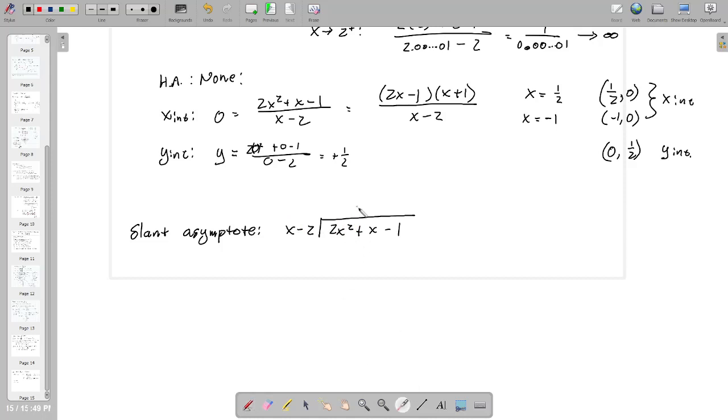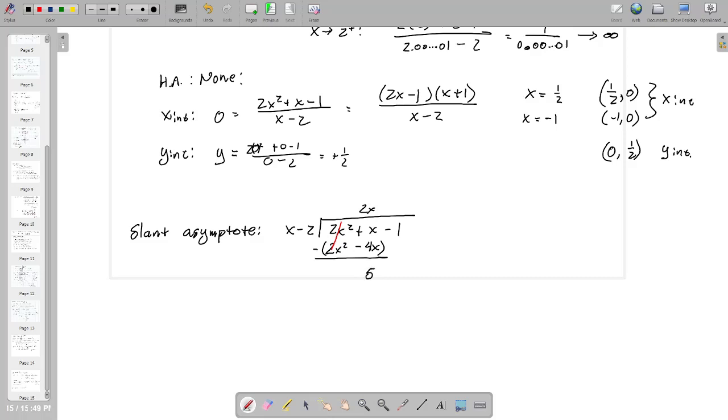So here we're saying, what times x gives me 2x squared? That will be 2x. 2x times x gives me 2x squared. 2x times -2 is -4x. Don't forget to subtract. 2x squared minus 2x squared cancel, and we did that by design. Then we have x minus a -4x.